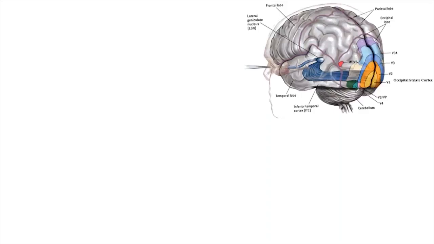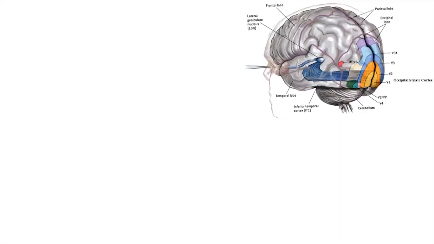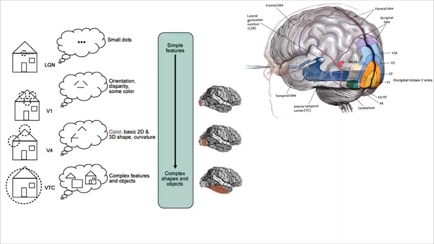Okay. So to give you a better sense about the visual system, this is the figure that could give you a sense about what we have in the visual system. We have what we call V1, V2, V3, V4. So we have different layers of information that are being processed in the visual cortex, as you can see here in this figure. Let me give you a better sense of how these pieces are representing the information.